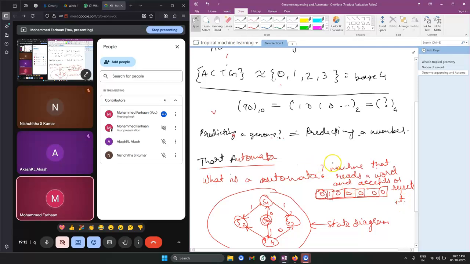Now, from this definition, you should notice that you don't know what it means to read a word, what it means to have a word, or what it means to accept or reject a word. All you see right now is that I have given you some random diagram with some nodes, and I'm calling them states for whatever reason, and I'm inputting all these bits one at a time.